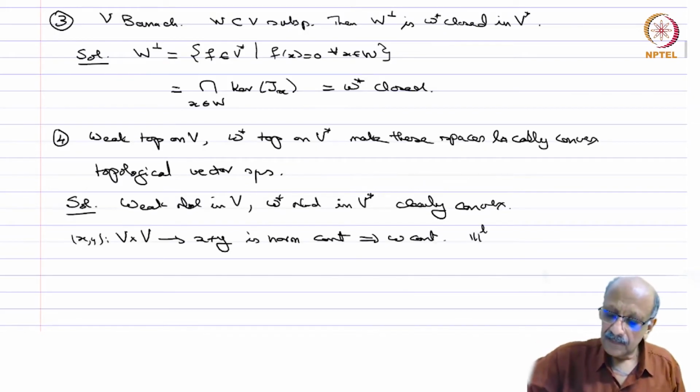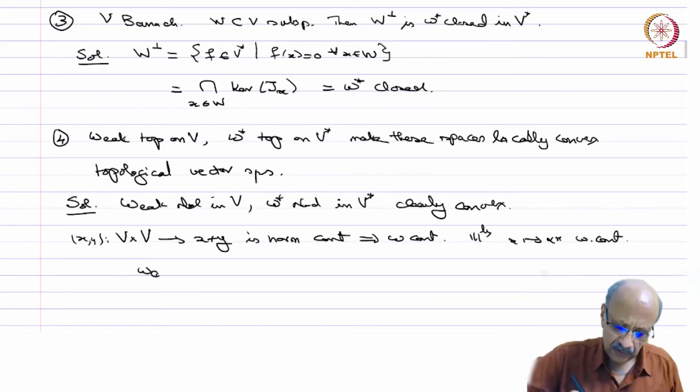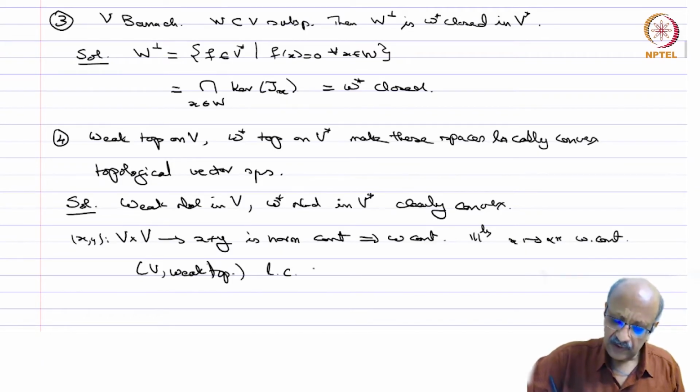Similarly, x going to alpha x is weakly continuous. Therefore V with the weak topology is a locally convex topological vector space.